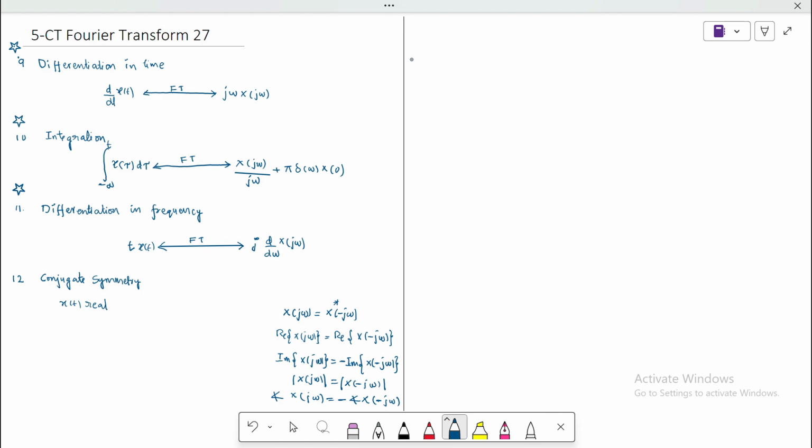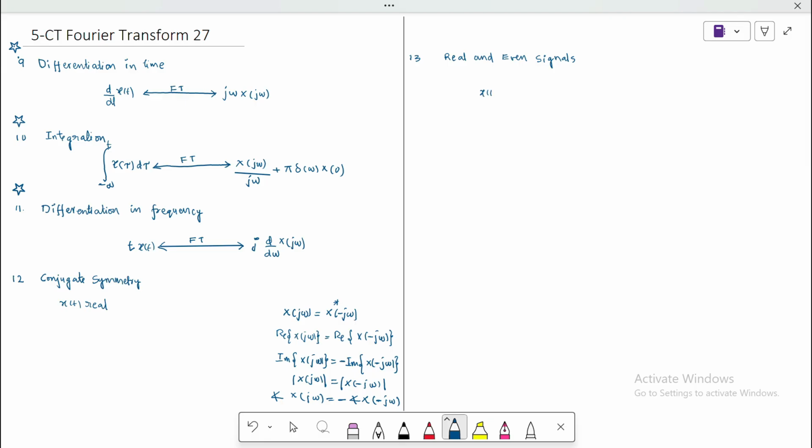The next, the 13th one: real and even signals.